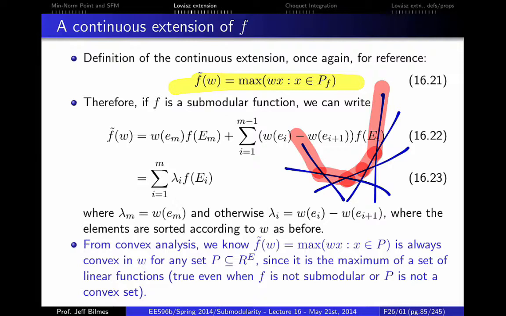That's even true if P_F was not a polymatroid. In fact, the set itself doesn't even need to be convex for this to be a convex function, because it's just the maximum of a bunch of linear functions.